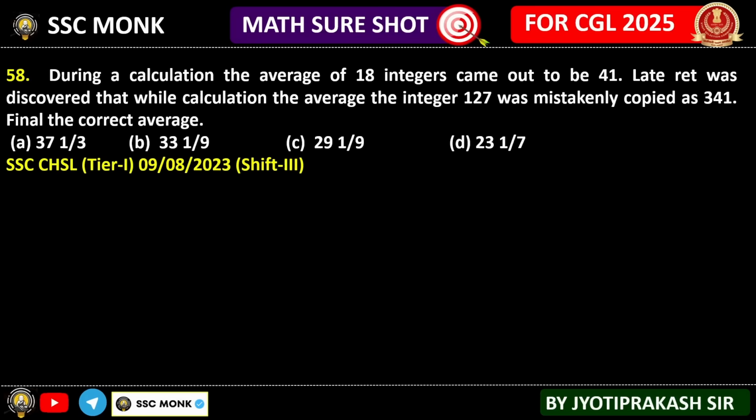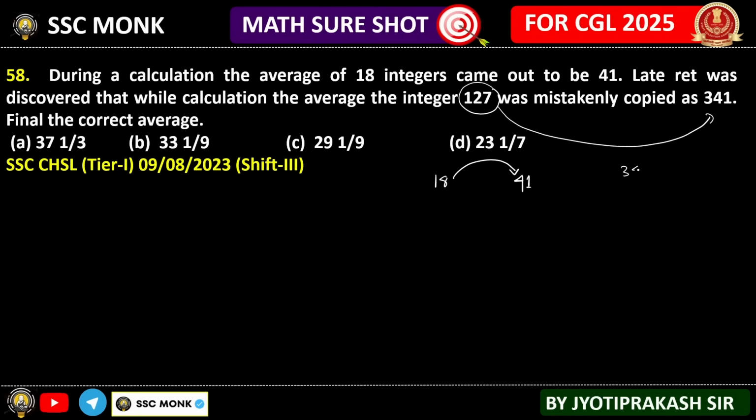Clear? Next, during a calculation, the average of 18 integers came out to be 41. It was discovered that while calculating the average, the integer 127 was mistakenly copied as 341. Find the correct average. Now see, 18 integers had average 41, and 127 was mistakenly copied as 341.